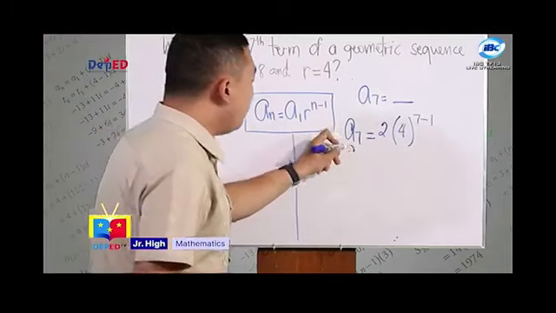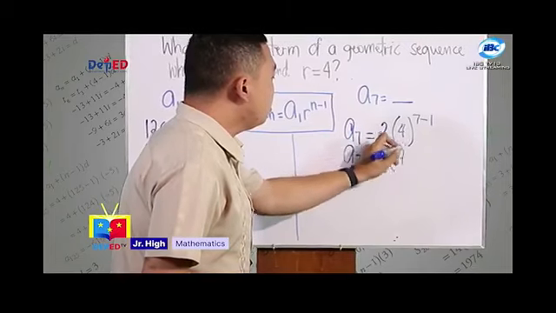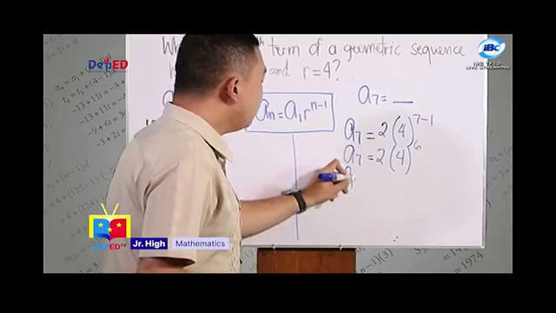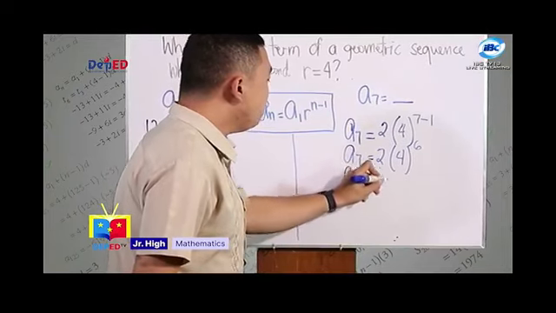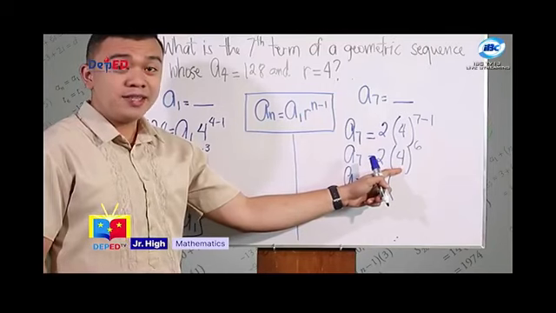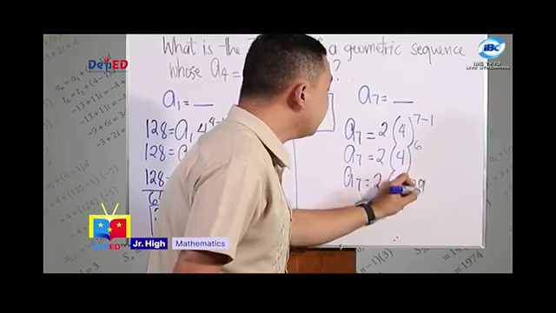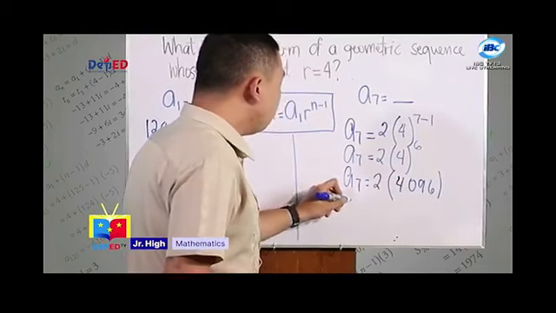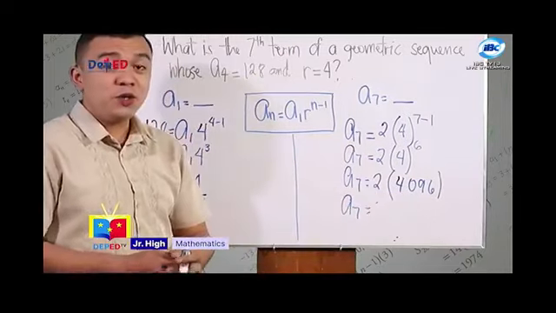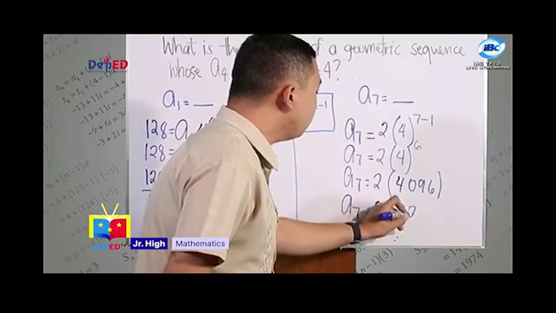Next, we will have a sub 7 is equal to 2 times 4 raised to 7 minus 1, which will give us 6. A sub 7 is equal to 2 times, we will multiply 4 by itself 6 times, which will give us 4,096. And finally, multiplying 2 by 4,096 will give us 8,192.